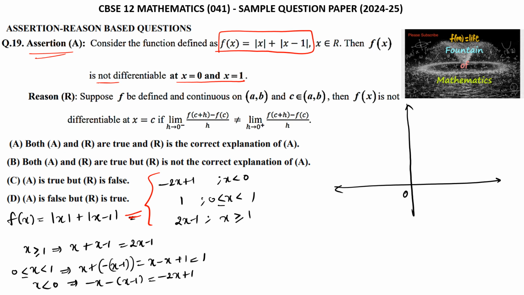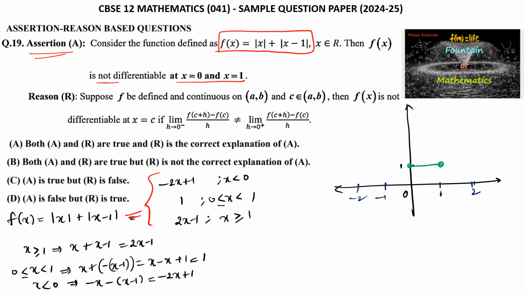Let's sketch the graph here. 0, 1. From 0 to 1, the graph is constant, so it is 1. So at x is equal to 0, it is 1, it is included, and 1 here.